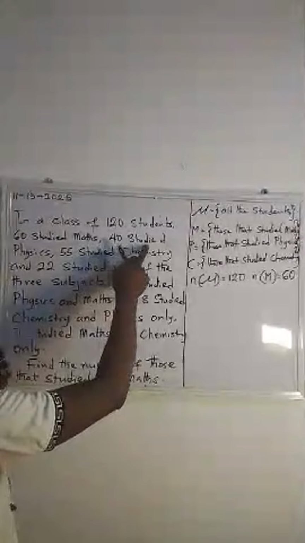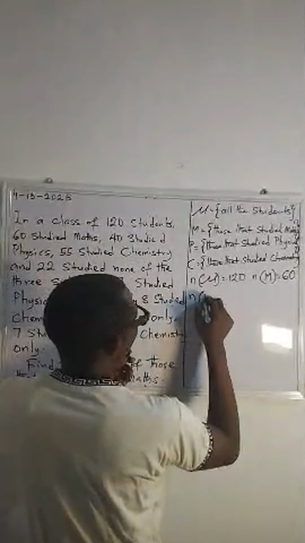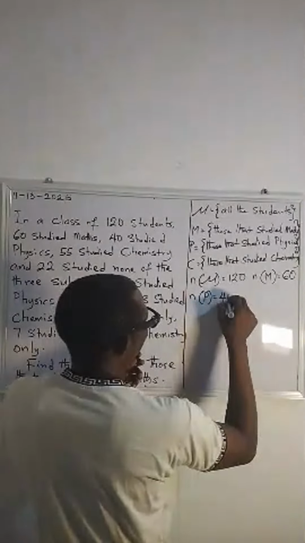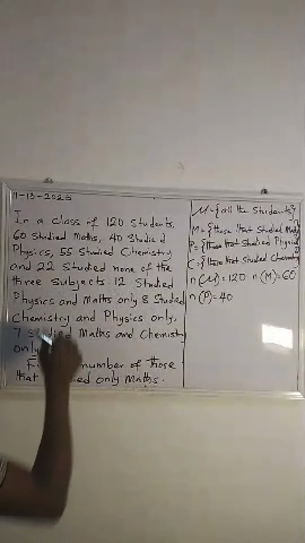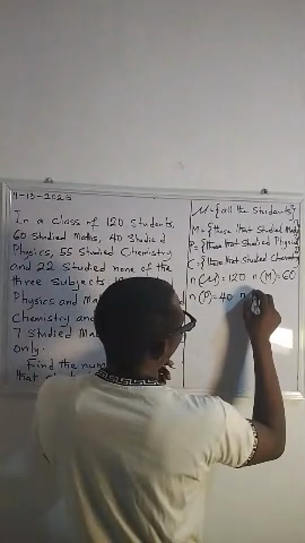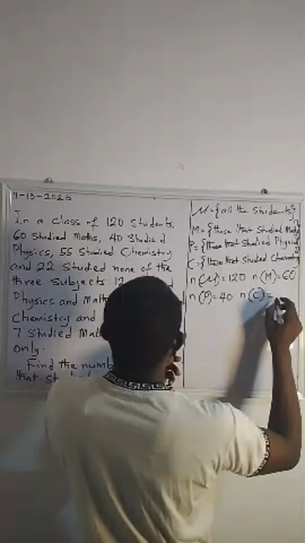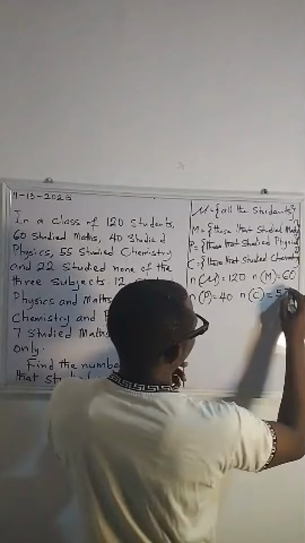Now, 40 study physics. So the number of those that study physics is 40. Okay, now the next one, 55 study chemistry. Number of members of set C, which is those that study chemistry, they have 55.